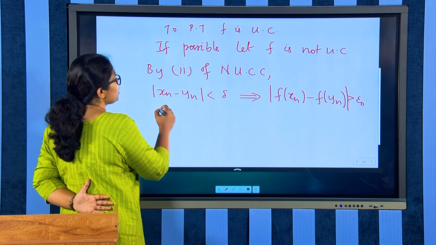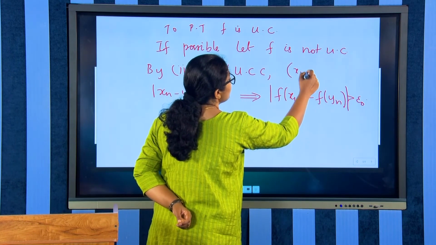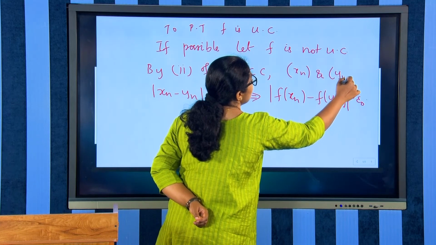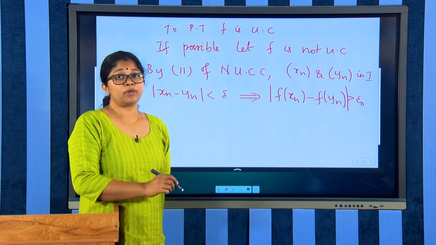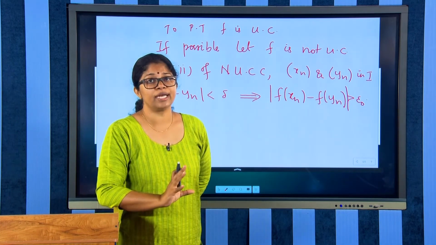So we have two sequences xn and yn in I, because I is the domain. And what about I? I is a closed bounded interval.